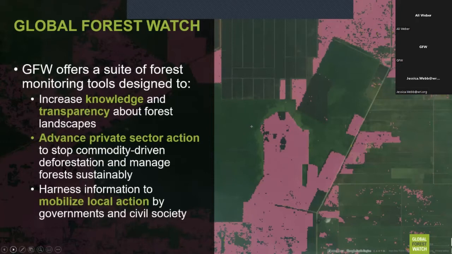By harnessing cutting-edge technology, GFW allows anyone to access near real-time information about where and how forests are changing around the world. GFW is used by a variety of stakeholders, such as the private sector to reduce deforestation in supply chains, and by civil society to identify forest threats and mobilize action. Next slide, please.